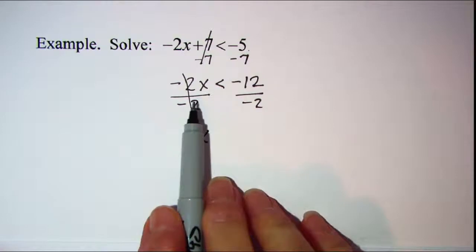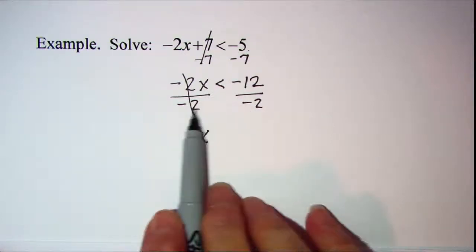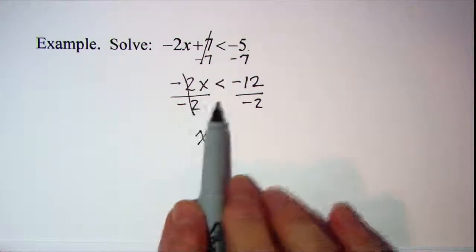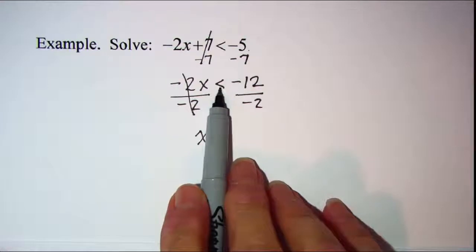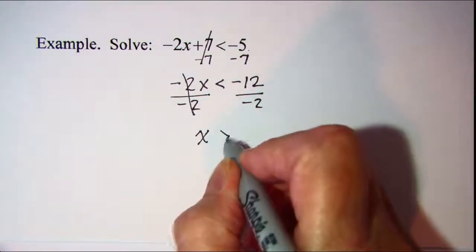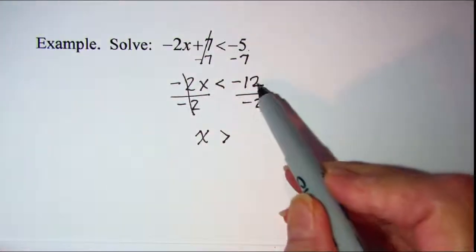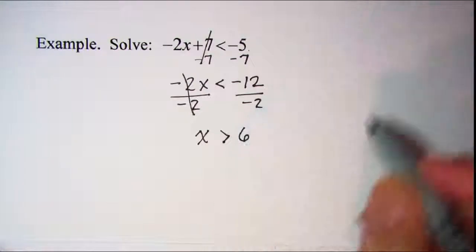Now, don't forget, when you multiply or divide by a negative number, like we did here, we have to switch the direction of the inequality. So originally it was less than, so we need to make that greater than. And then negative 12 divided by negative 2 is 6.